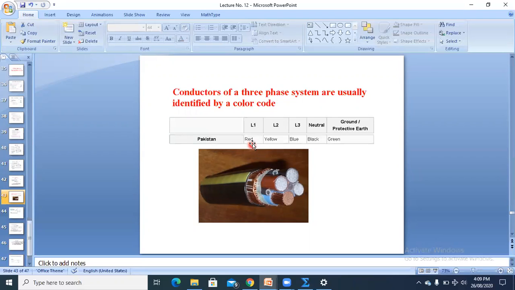In underground cables, we have line 1 is red, line 2 is yellow, and line 3 is blue. And we have neutral and ground with black and green colors. So this is in fact the identified color for a three-phase system.